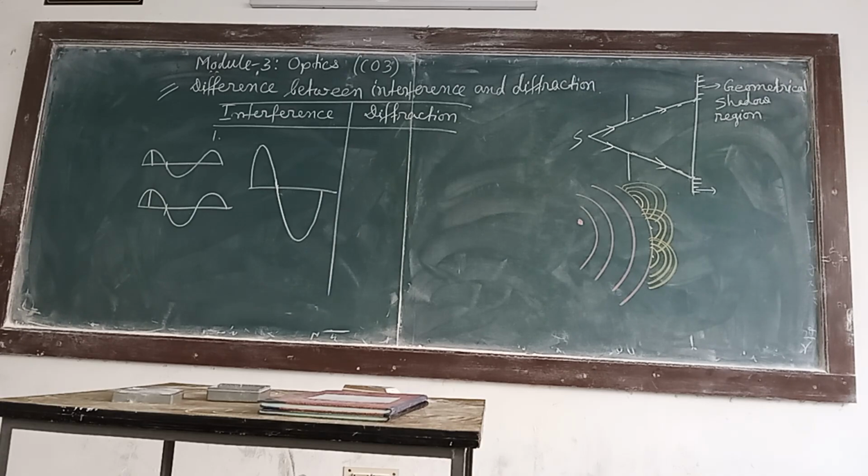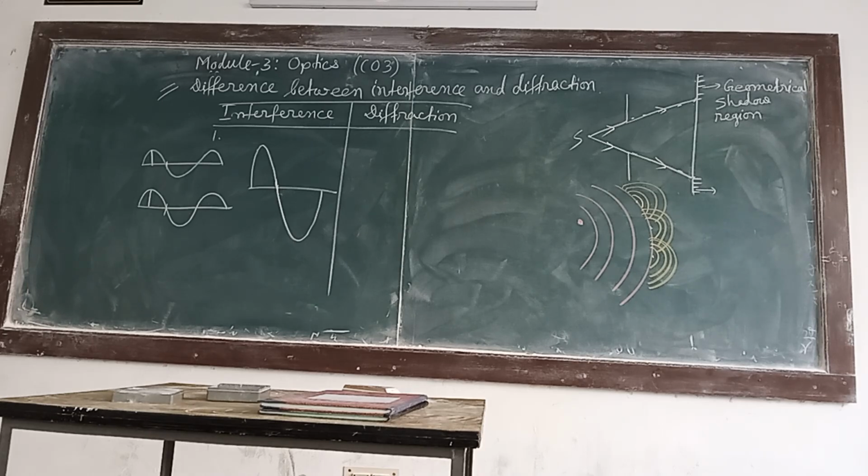As we go from the central fringe to the outer side, the fringe width decreases and ultimately vanishes. We have already done the experiment with the monochromatic light, and you must have seen that the central fringe is bright and large. As we go to the first, second, third, fourth order, it decreases and ultimately you don't get any fringe.